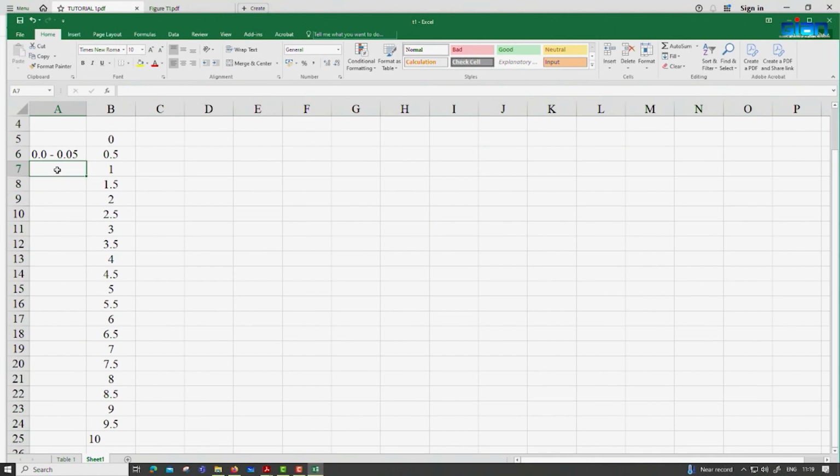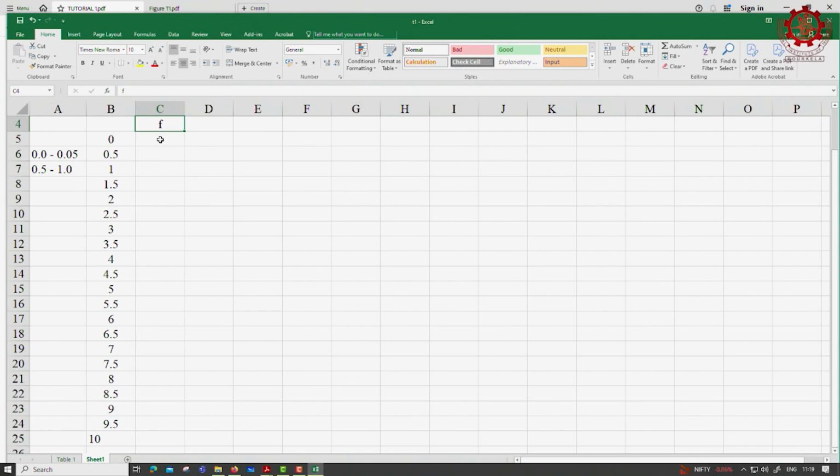So, we must count the data points in this range and put the number here, the frequency of occurrence, right.